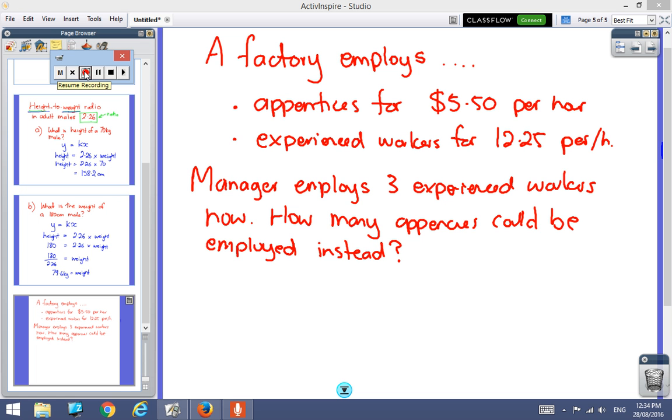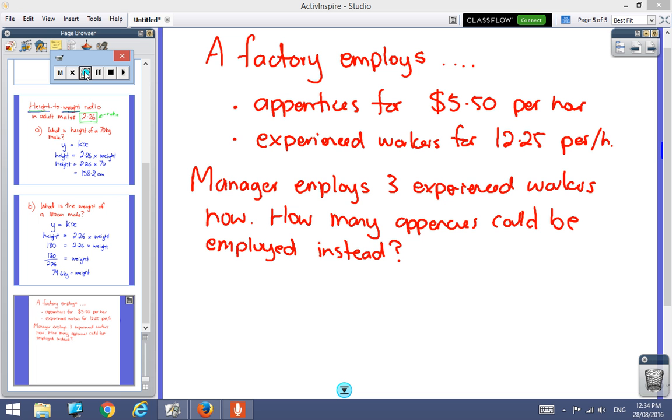Okay, so for the next one, a factory employs two types of workers: apprentices at $5.50 per hour and experienced workers for $12.25 per hour. So we've got two different workers and we've got two different rates of pay. Maybe the first thing to make a note of here is that we're probably going to be looking at two separate y equals k times x equations.